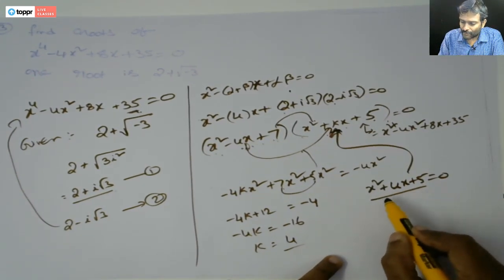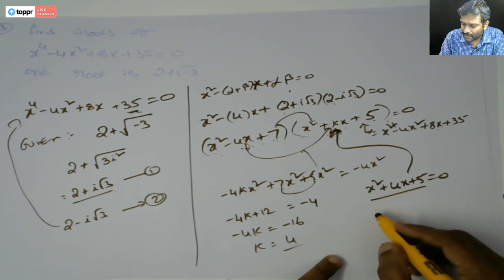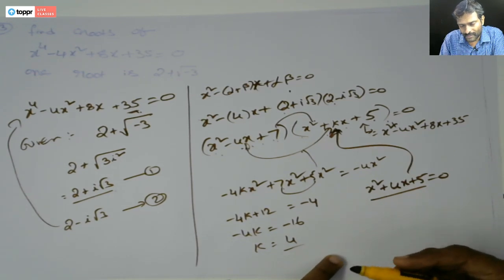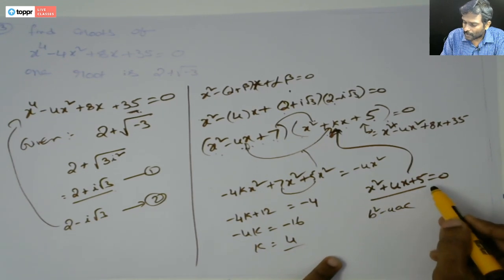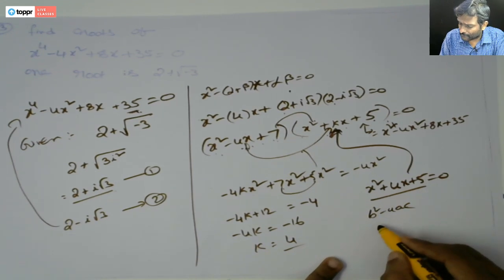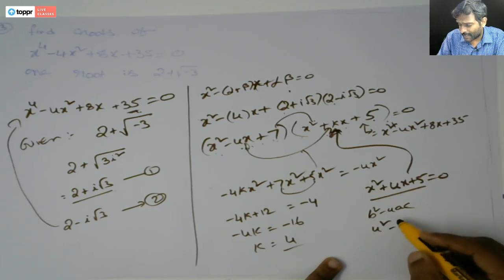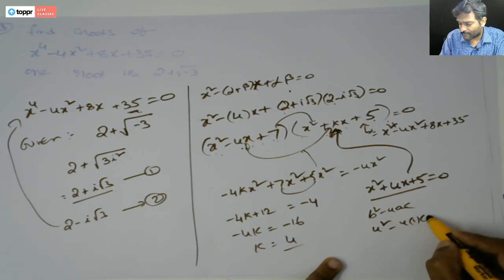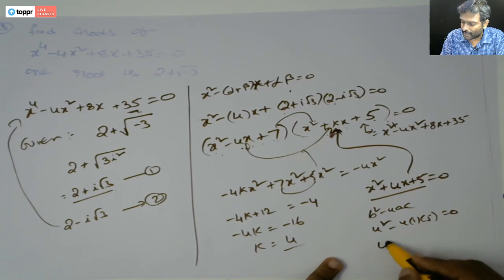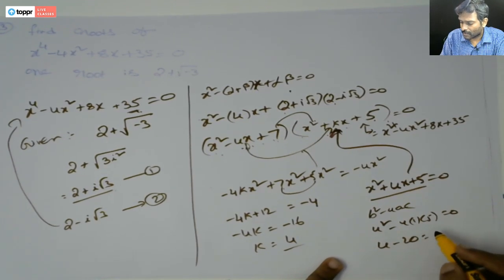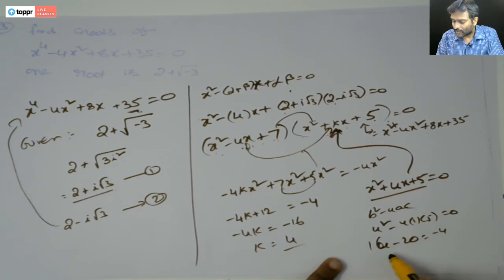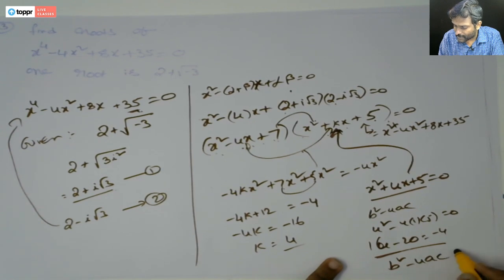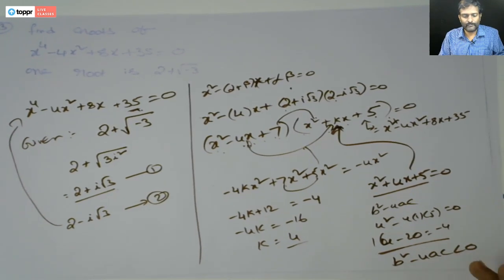And now if I have to find the roots of this, you should know the discriminant here, b square minus 4ac. 4 square minus 4 times 1 times 5, so I have 16 minus 20, which is minus 4. So here my value of this discriminant is less than 0, right?